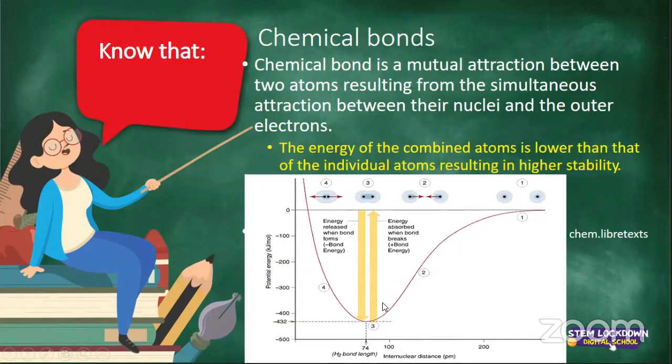But as they are coming together, during bonding, energy will be given off. As you can see here, energy is given off during bonding. As they come more and more closer, they end up repelling each other. So this side will be the repulsion section.